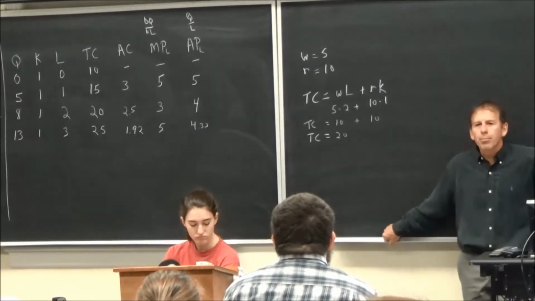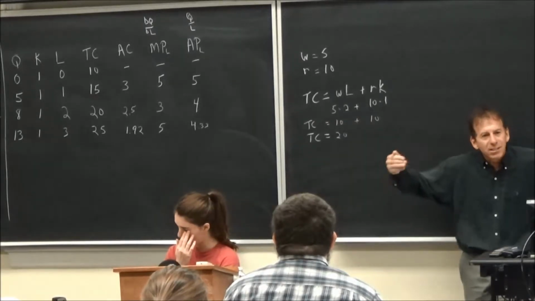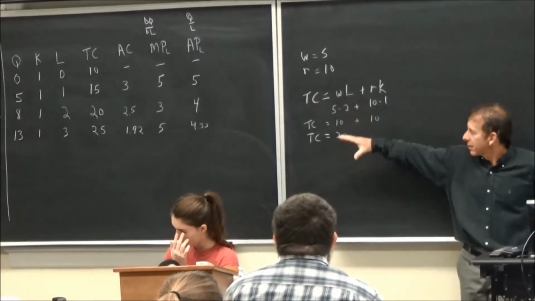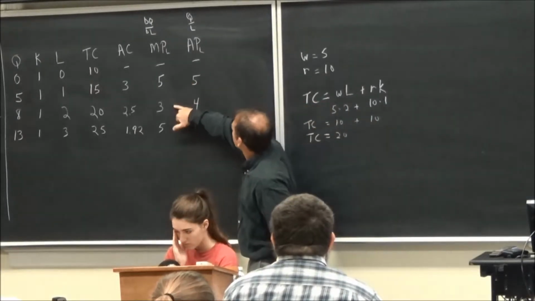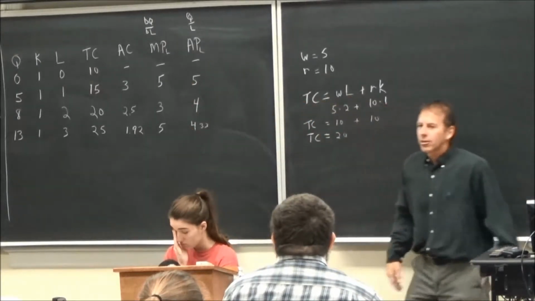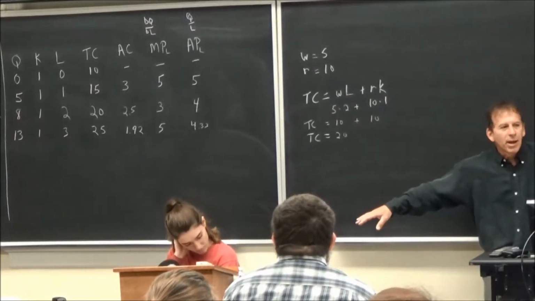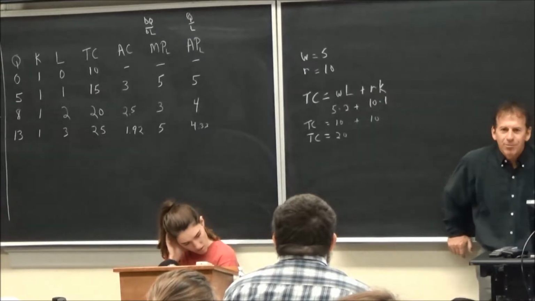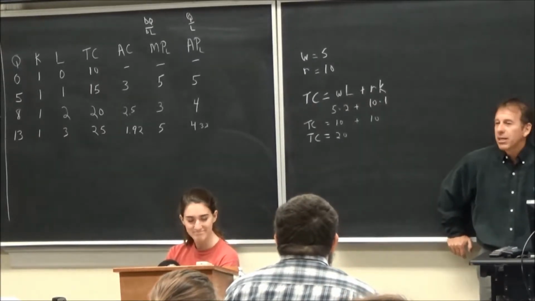Okay, now, if we are paying based on marginal productivity, based on who adds the most, then in this case, the first person added 5, the second person added 3, the third person added 5. So it would be hard for us to do that because we'd be paying the stapler the lowest amount, right? The second person. And so maybe she'd say, why don't I just become a folder?